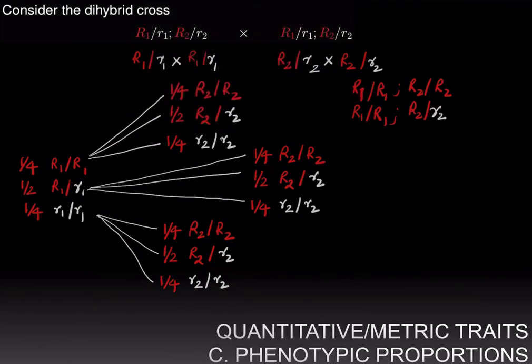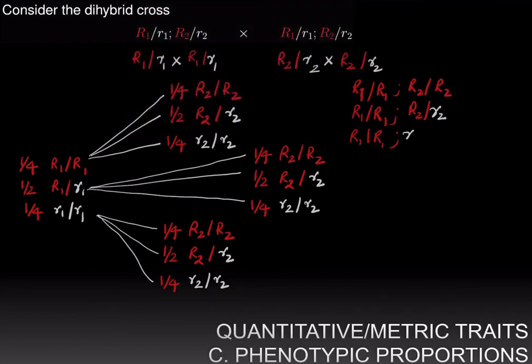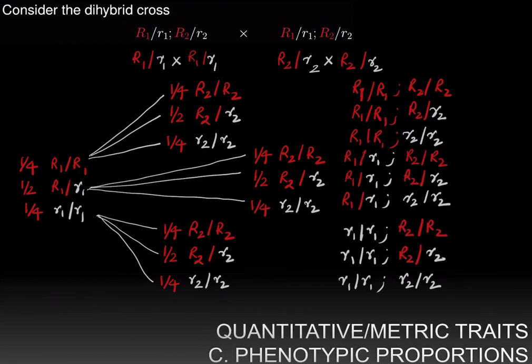The third leaf is big R1, big R1, and little r2, little r2, and so on and so forth.